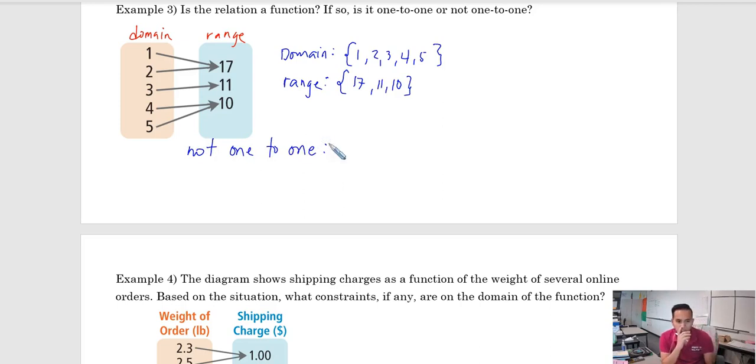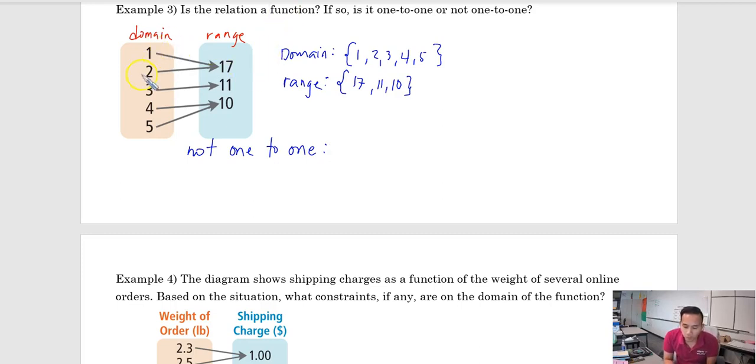However, the relation is a function. Why? It is because every element in the domain, which is 1, 2, 3, 4, 5, maps to exactly one element of the range, which is 17, 11, and 10.